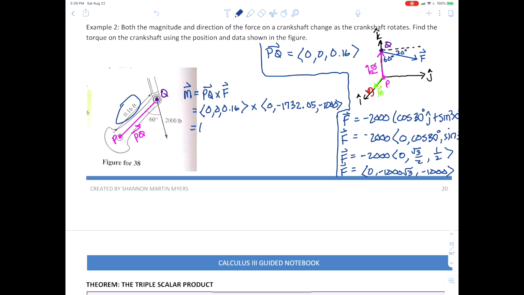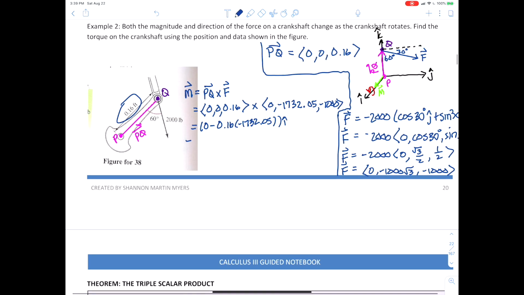So we'll end up with 0 minus, and then when we take the third component of PQ, we get 0.16, and then we multiply it to the second component. So we'll have 0.16 times negative 1732.05. That's all times I.